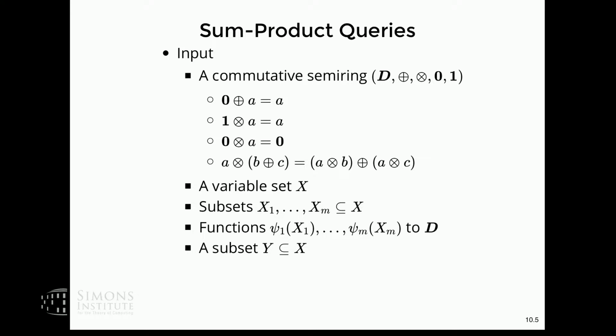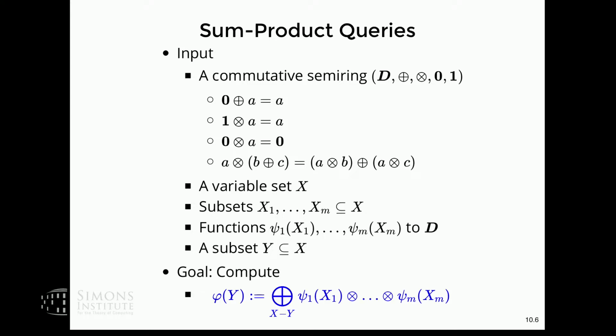In addition, we need another subset Y of X. Our target is to compute a function from the variables Y to D, the domain of the semi-ring. This function is defined as follows. We take the product of the functions psi1 up to psi m, and then take a summation over all variables in X that are not in Y. When we take this summation, we are left with a function over the variables Y, a function from the domain of those variables into D.